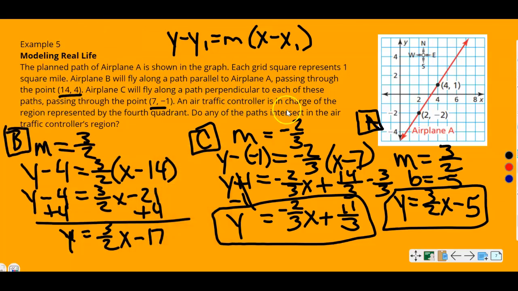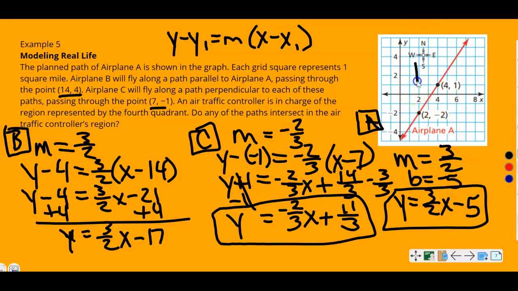Now it says an air traffic controller is in charge of the region represented by the fourth quadrant. Do any of the paths intersect in the air traffic controller's region? Remember, on a graph, you're not seeing all the quadrants right here, just a little bit of them, but your quadrants start in the positive.